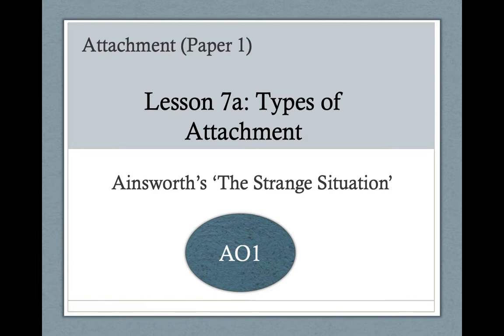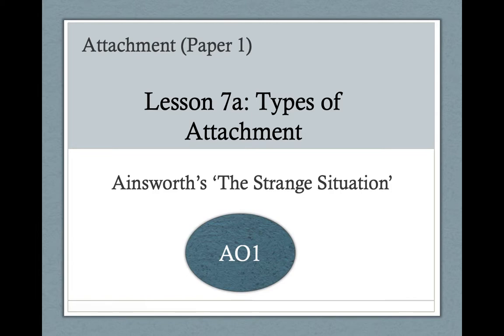So previously in attachment, so lesson 6, and lesson 5 as well, we were looking at the explanations of attachments, so sort of how attachments start, why do they form, all of that sort of thing. But today we're going to be looking at the types, so that's more kind of descriptive than explanatory.